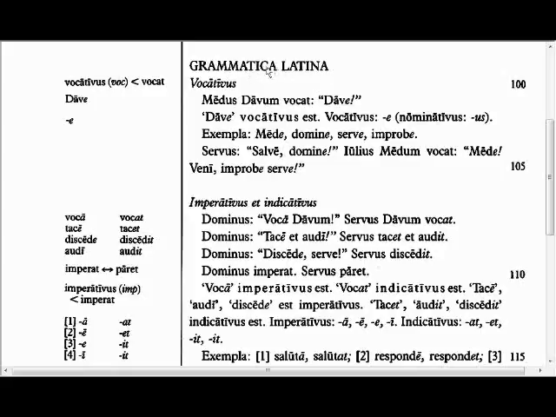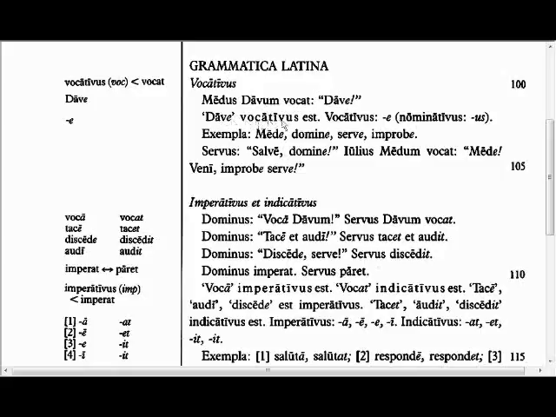Grammatica Latina, Latin grammar. The vocative case comes from, you see in the margin, vocat, which means calls. So the person that you are calling goes into the vocative case, and the verb becomes imperative. So Medus calls Davis. Dawe.